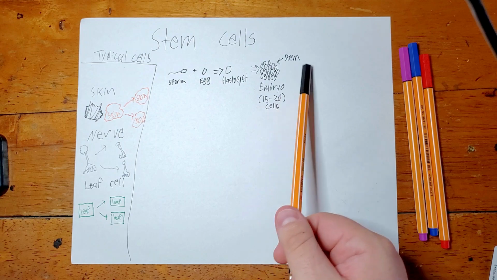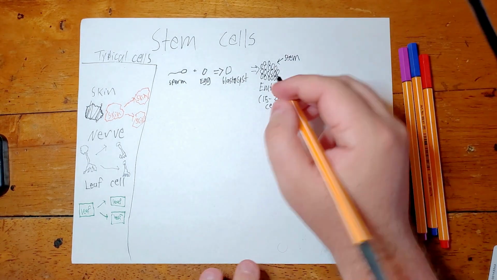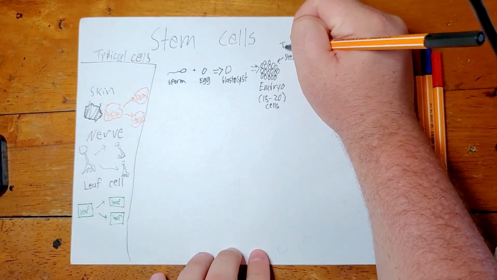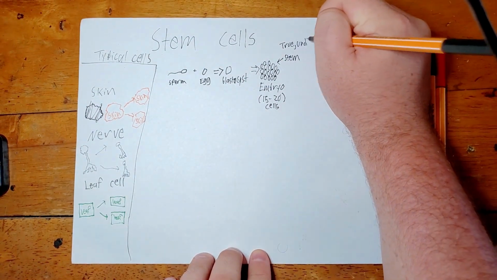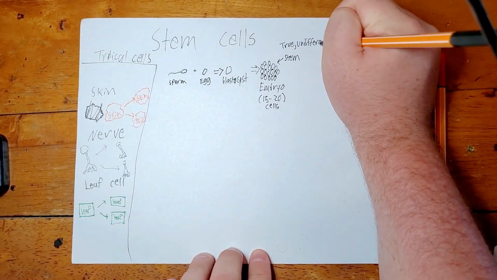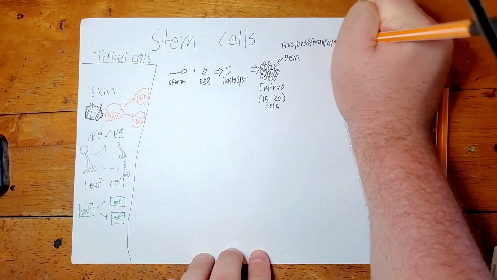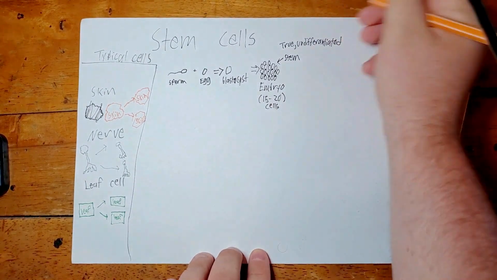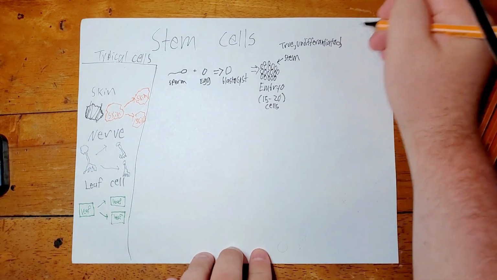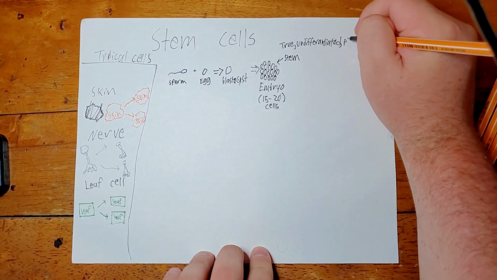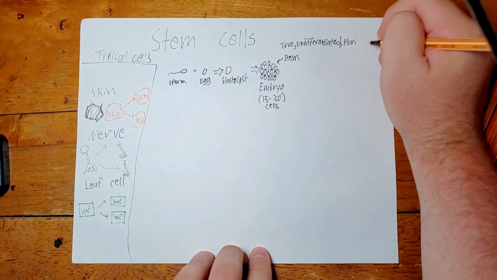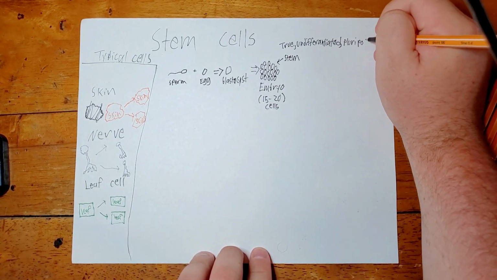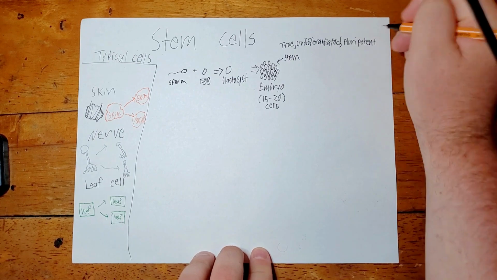Okay, and so these are what a lot of scientists call true stem cells, or they might call them undifferentiated stem cells, or they might call them pluri, like the word plural, like lots and lots of things, pluripotent stem cells.